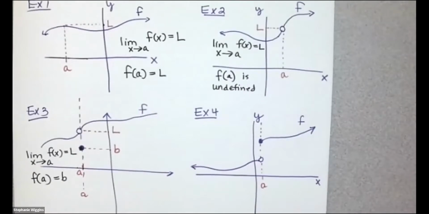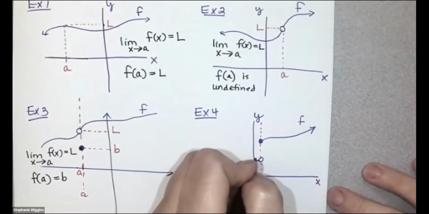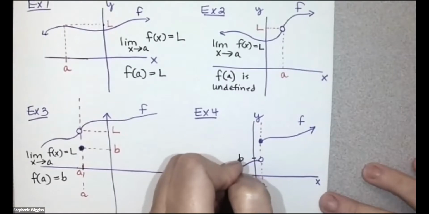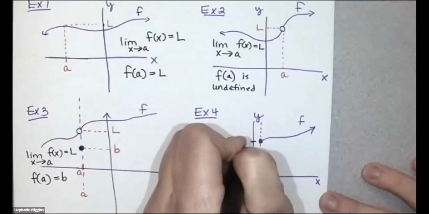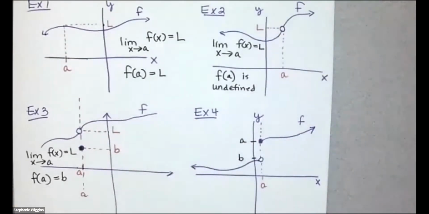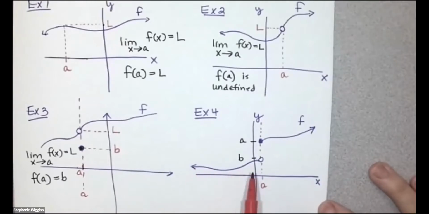Let's call that height B, and up here we'll call this height A. Okay. So as we come on the left here, as we get close to a from the left-hand side, and we go to the function, the outputs are going to be close to B. On the other side, if we get close to a and we go to the function, we're going to be up close to A.